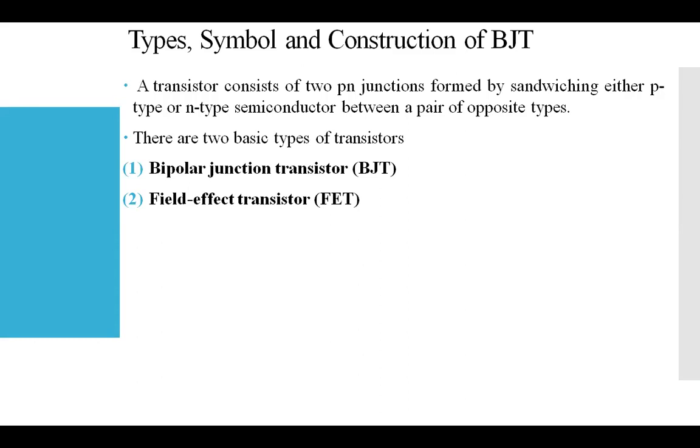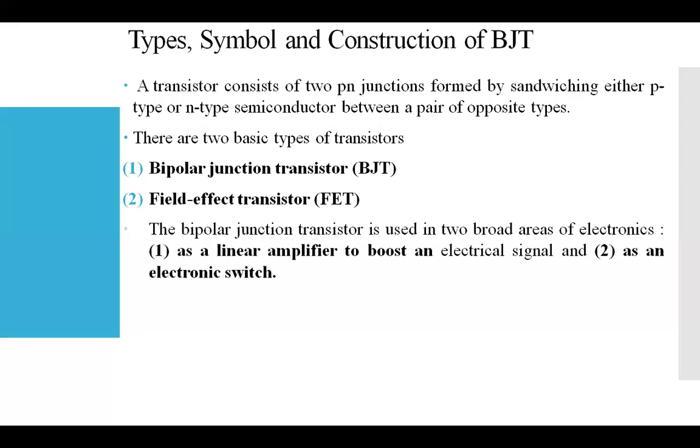In your syllabus, in the transistor part, we are going to study only the bipolar junction transistor, its construction, operating principle, and operating characteristics. As I told you, we are going to focus only on the BJT as per the content.